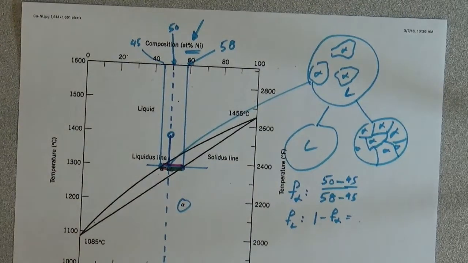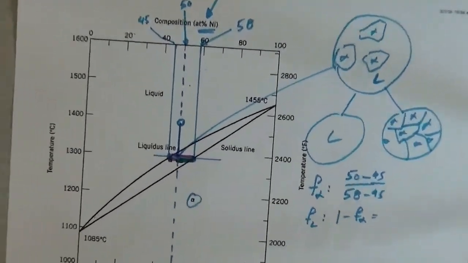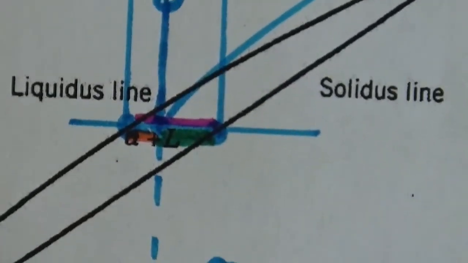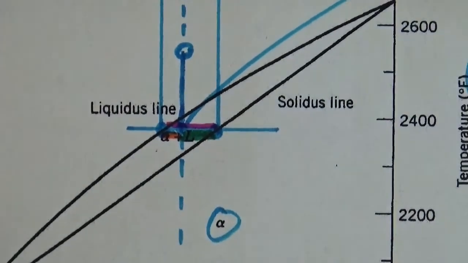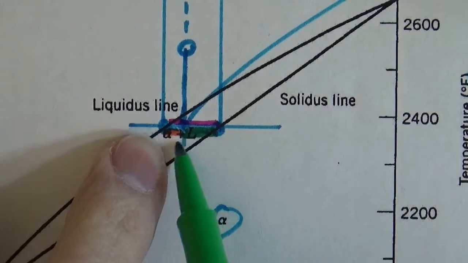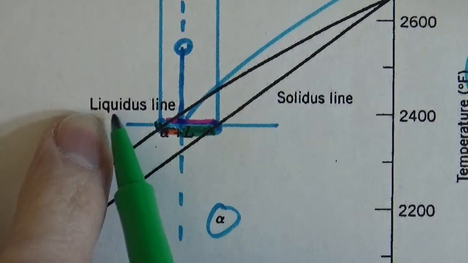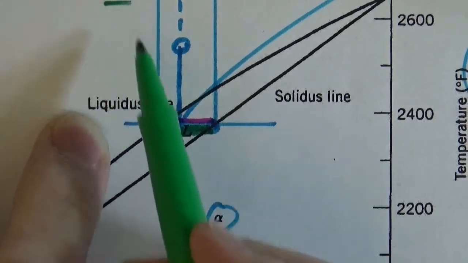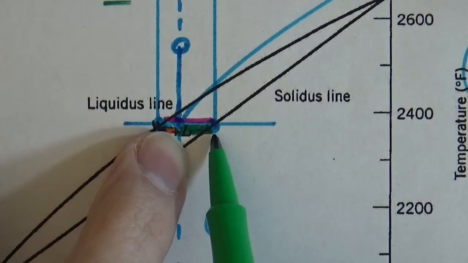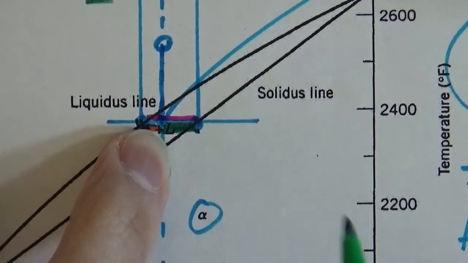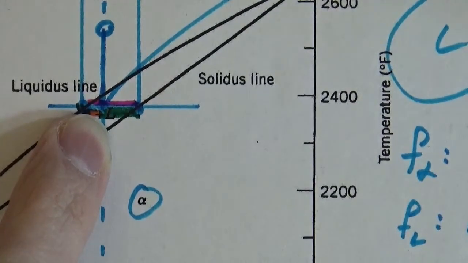And we can zoom in here again. And the reason we're taking the green line is because we see where the tie line crosses into the liquid single phase region, and we take the opposite part of the tie line.